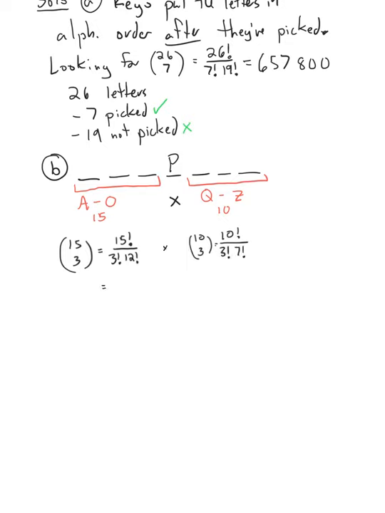Let's simplify this a little bit. So this is 15 times 14 times 13 times 12 factorial, but that 12 factorial is going to cancel with this 12 factorial. Maybe I'll write that in. And I'll write this as 3 times 2 times 1 times 12 factorial. Those guys cancel.